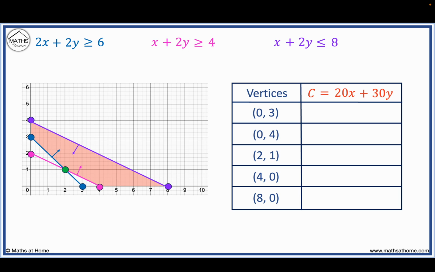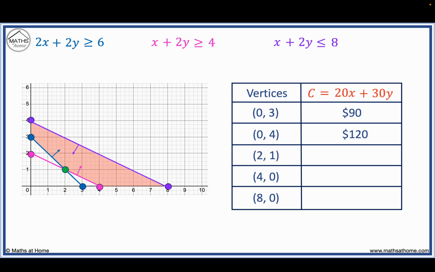Now we substitute these values in. In (0, 3), x equals 0 and y equals 3. So we do 20 times 0 plus 30 times 3, which equals $90. Next we have x equals 0, y equals 4. 20 times 0 plus 30 times 4 equals $120.